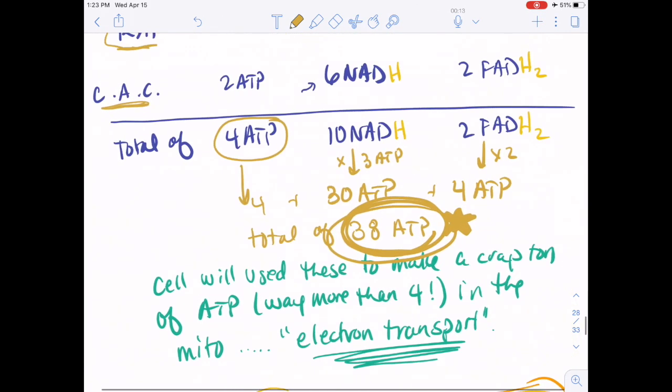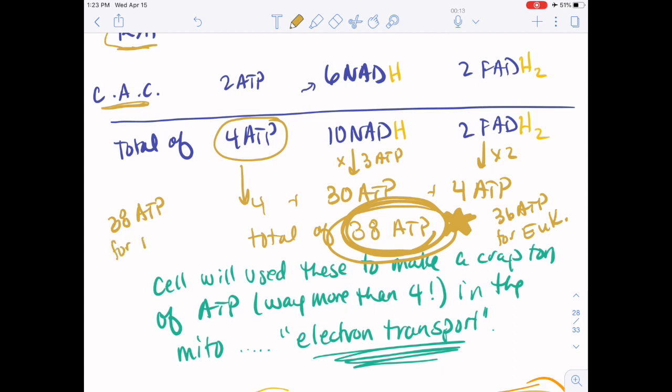So it's really going to be 36 ATP for eukaryotic cells and 38 ATP for prokaryotic cells, because they don't have a mitochondria to cross anything into. So we say generally 36 to 38 ATP.